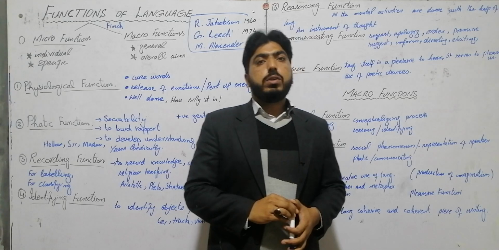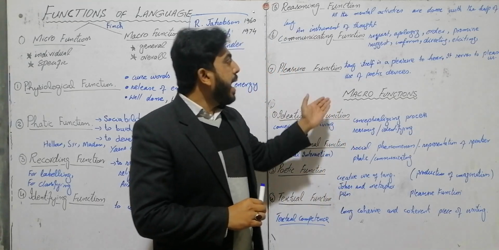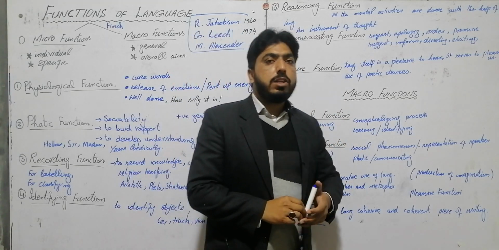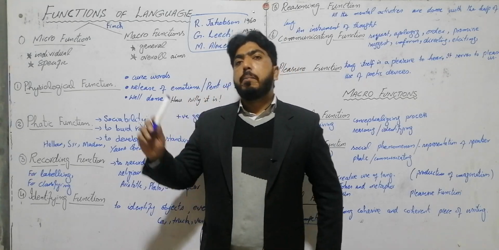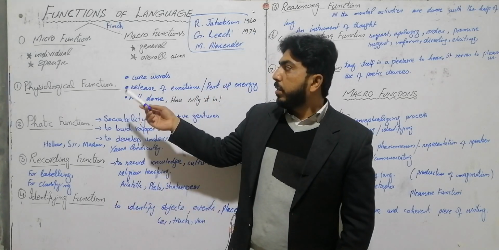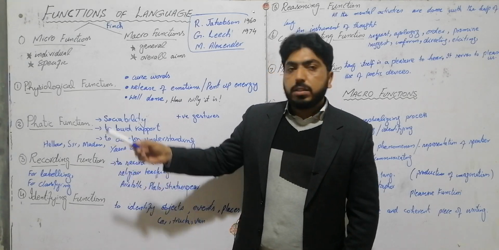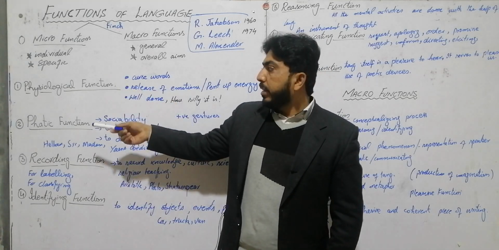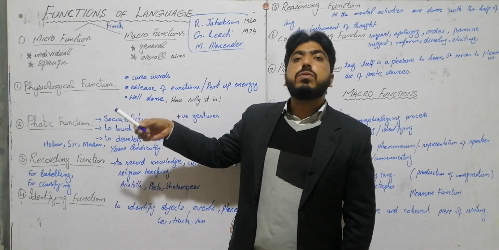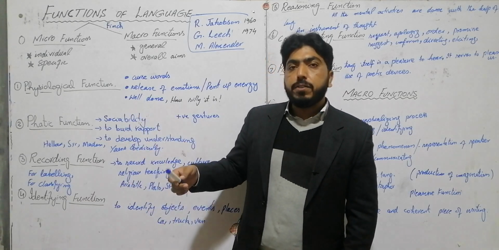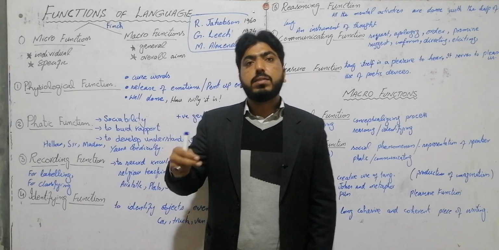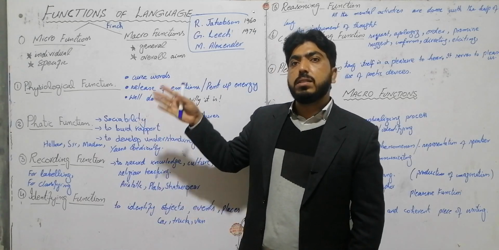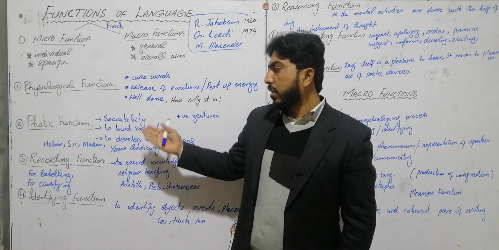In this video, we are going to talk about macro functions of language. In the previous video, we talked about micro functions of language, which were the physiological function, related to the releasing of emotional or nervous energy; the fatigue function, used for sociability; the recording function, where language is used to record things like knowledge, culture, civilization, scientific research, and so many others.